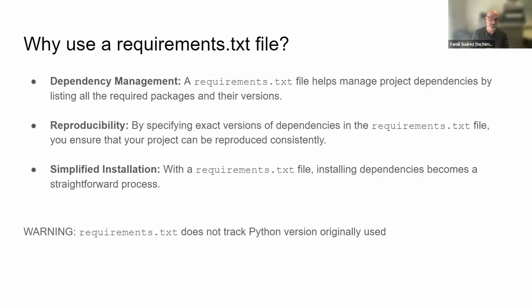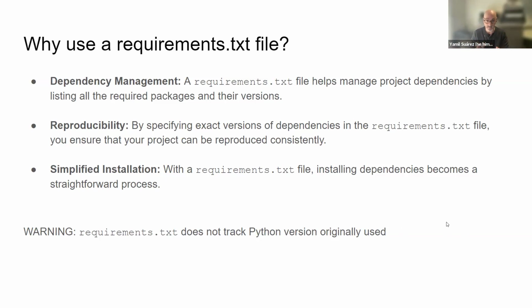Now, when you've done that, using your dependencies in your requirements.txt file, on a good day, you'll achieve reproducibility. Because when you specify the versions in one single file and share this requirements.txt with others, for the most part, they'll be able to recreate what you had. Or when you get a brand new machine, if you kept an up-to-date requirements.txt file, you should essentially recreate what you had before. And like I said already, you'll end up with a simplified installation of the dependencies of a particular project, be it your own or somebody else's, with a requirements.txt file.